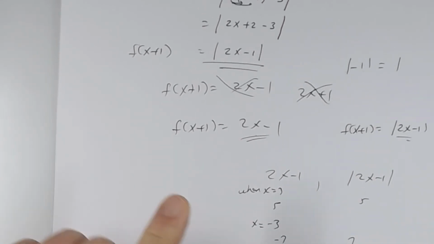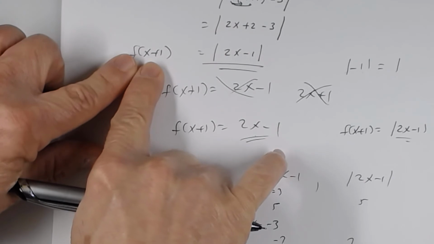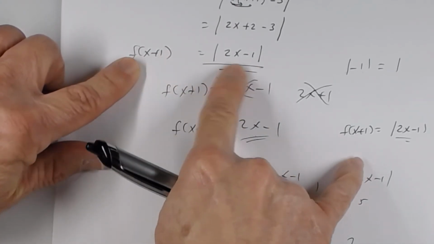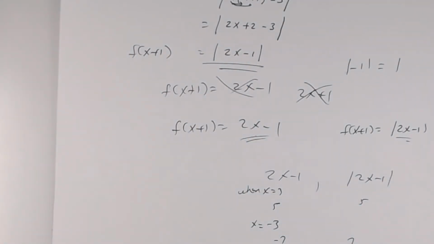All right. So when you evaluate an absolute value expression, leave the absolute value bars. You just can't take them off because what you have is not necessarily true. Sometimes it's true, sometimes it's not true. Okay, so that's something you have to remember.